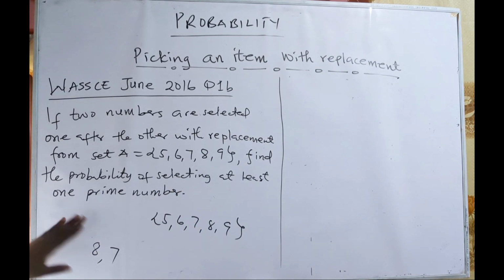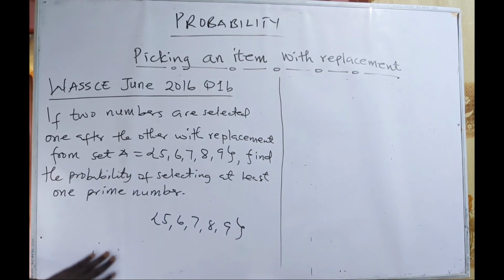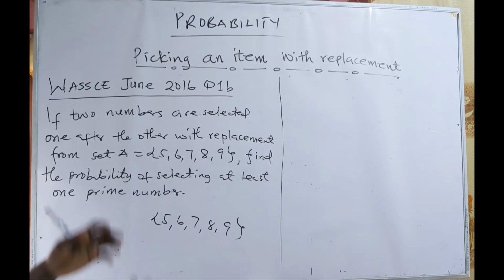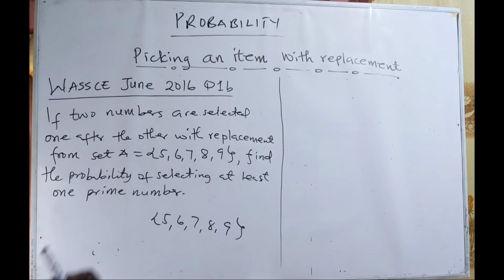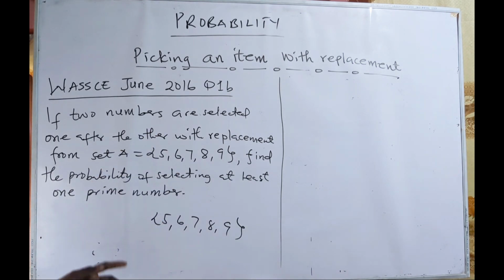So we are going to draw a table for the first selection and the second selection, so that we can know all the possible outcomes if we are selecting two numbers with replacement.